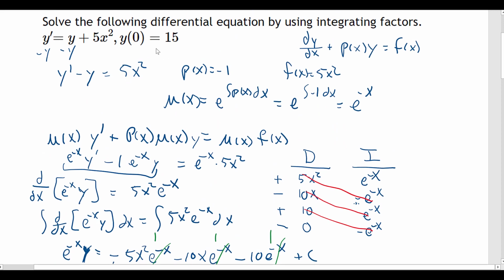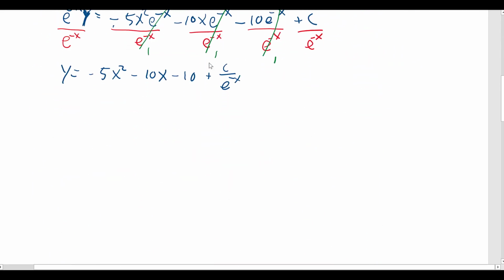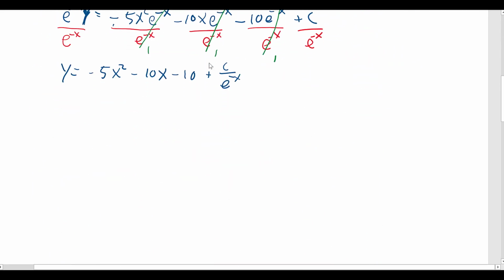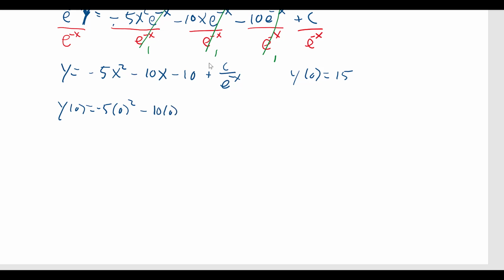And we have an initial condition for this, and that said y of 0 was 15. Let me go back up. Y of 0 is 15. So we can say if y of 0 is 15, that's going to be negative 5 times 0 squared minus 10 times 0 minus 10 plus c over e to the 0, and that should be 15.